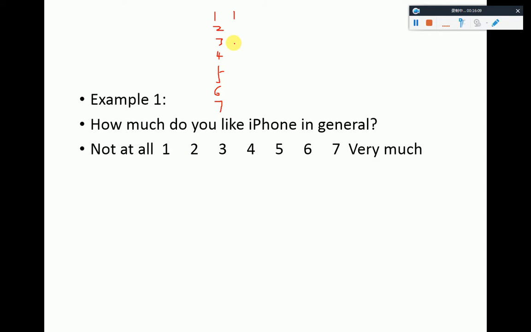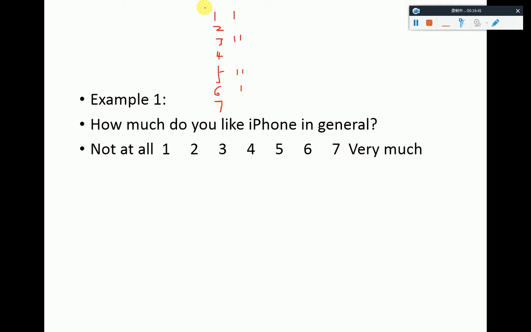Then I'll ask, did anybody choose 3? Turns out there are 2 of you choosing 3. Then I proceed, anyone chose 4, anyone chose 5. Turns out there are 2 people who chose 5. And in the end, 1 person chose 6, and nobody chose 7.